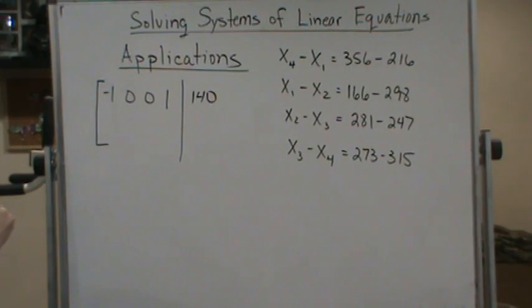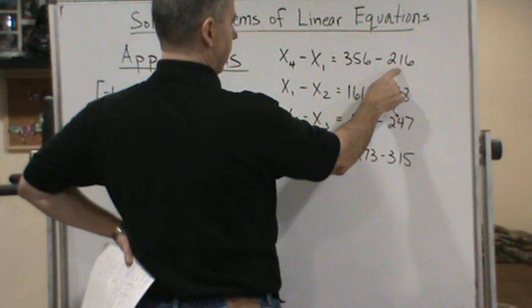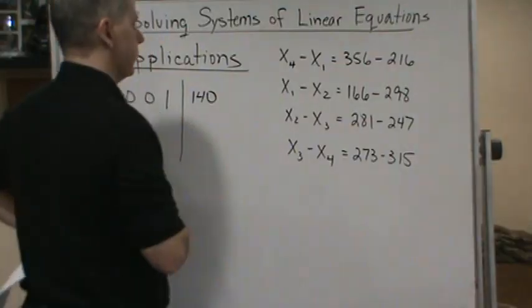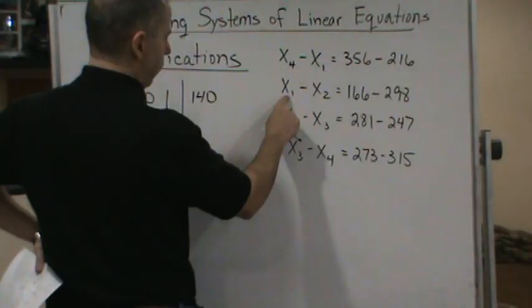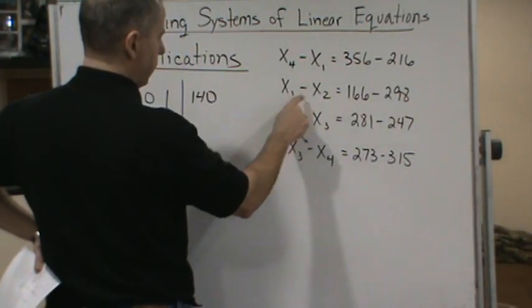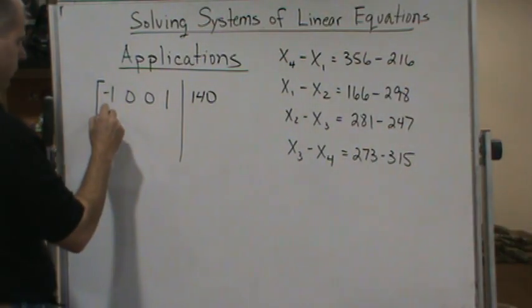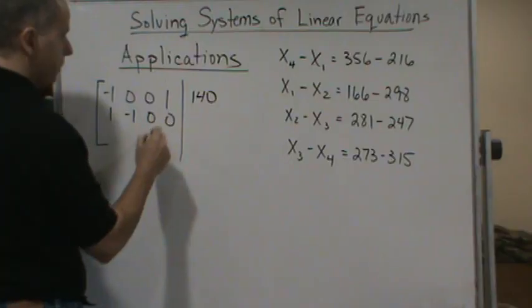Okay, check my math. So this will be 84 plus 56. So now, let's do the next one. The next one we have x1 and x2. So we have 1, -1, and then 2 zeros. So it's going to be 1, -1, 0, 0.